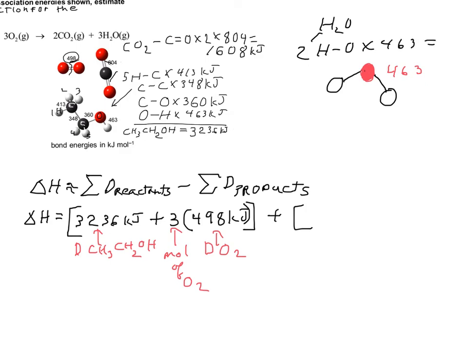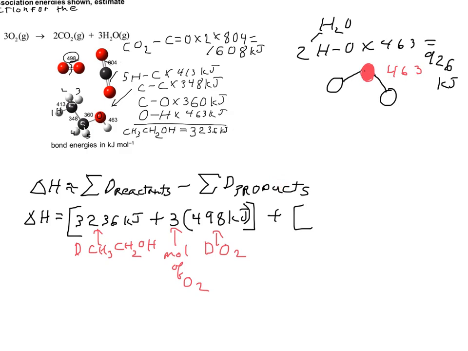That gives us a dissociation energy of water of 926 kilojoules. So now we have our dissociation energy for water and our dissociation energy for carbon dioxide. So now we're going to come down here and plug them into our sum of our product.